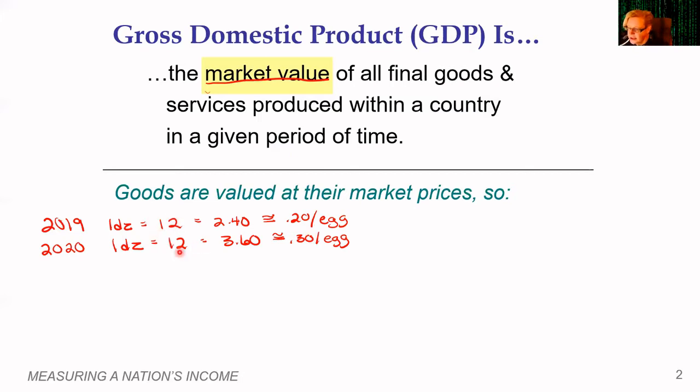Now, as we see here, a dozen eggs is 12 in 2019, and it's 12 in 2020. That hasn't changed. What's essentially changed is the price. And it kind of makes it look like the output is greater. So it is kind of misleading, I guess that's a good way to put it, because market values change.